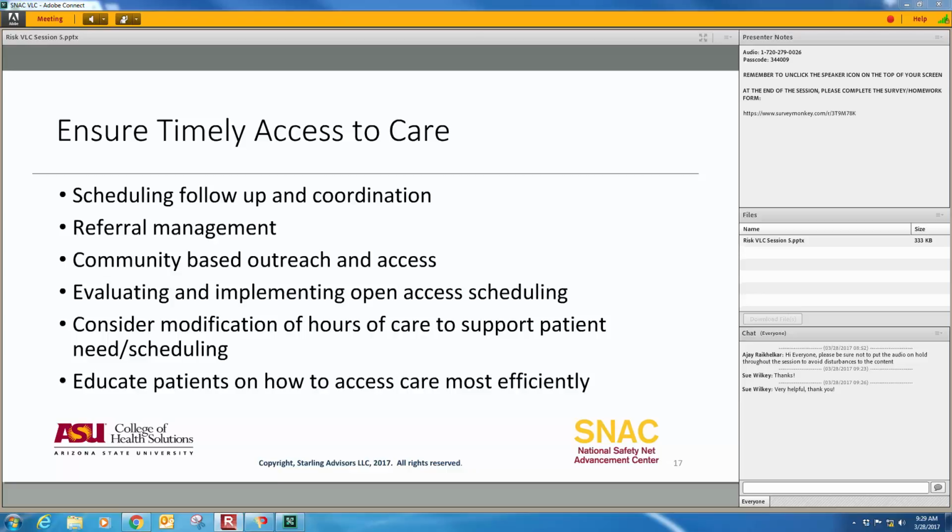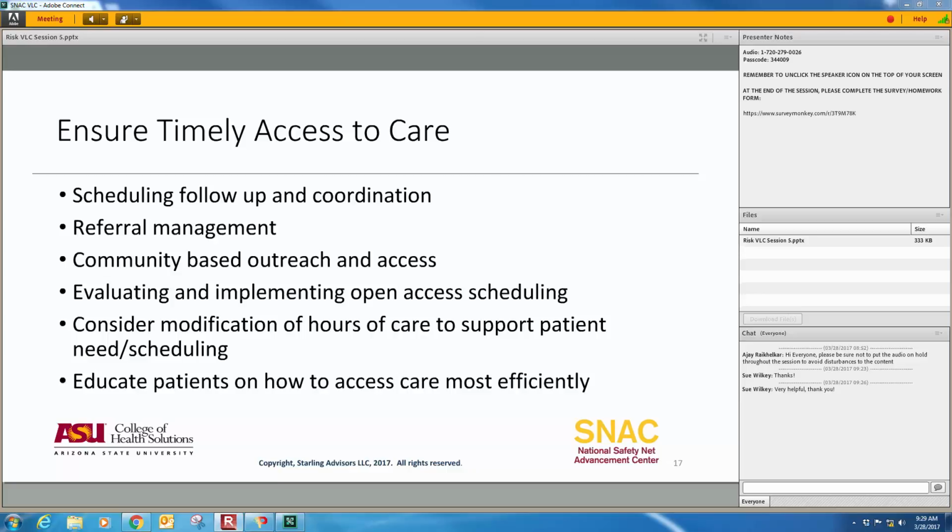Taking on the role of referral management is also something that is oftentimes a central piece of a risk management approach. And so having designated staff or designated functions that help to support that are critical.